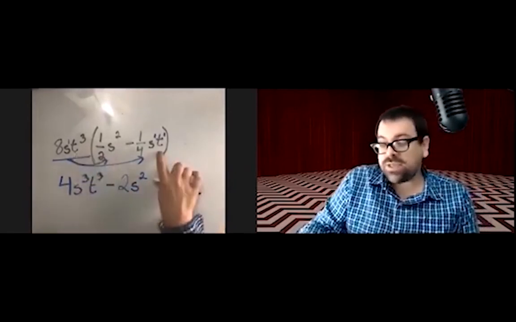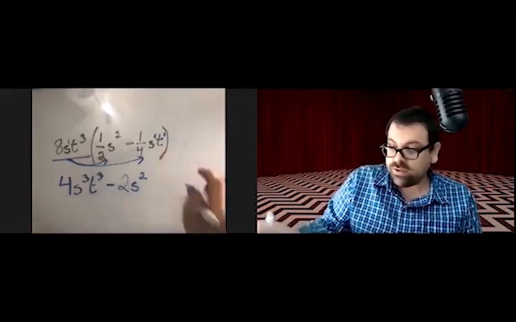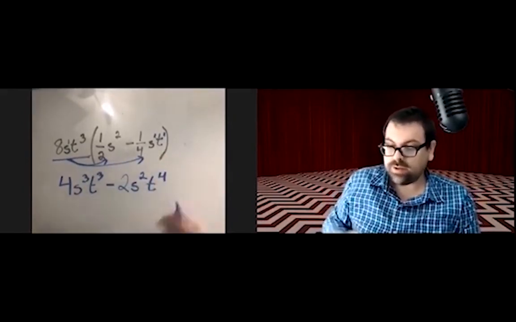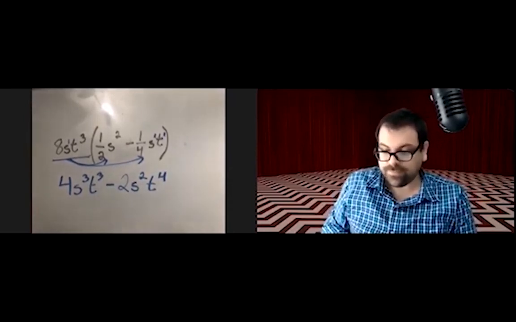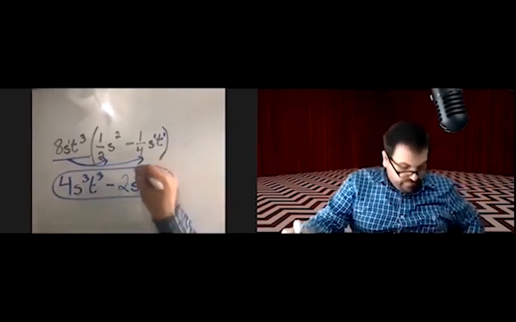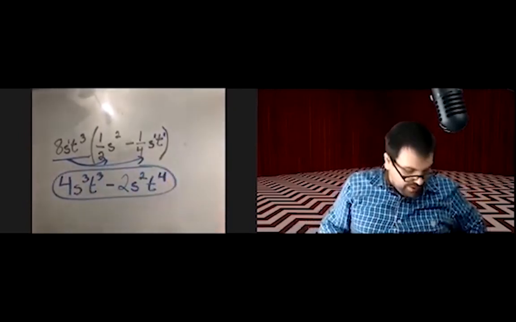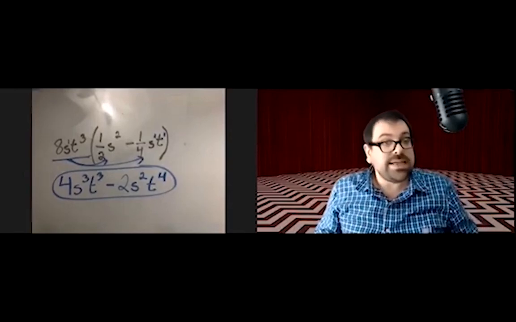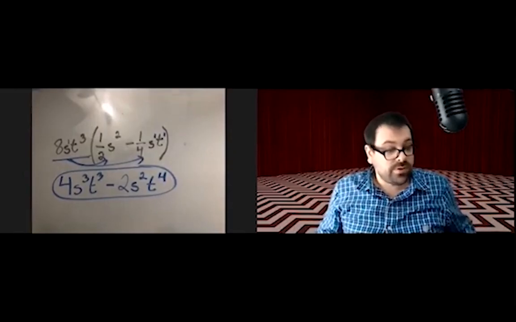T cubed times t, 3 plus 1 is 4. And that's it. 4s cubed t cubed minus 2s squared t to the 4th.